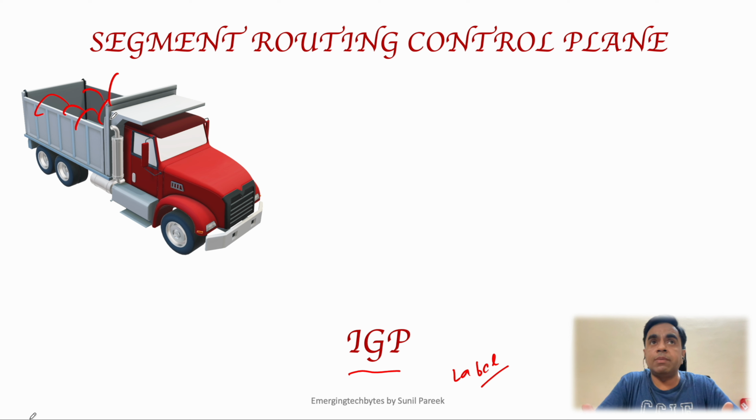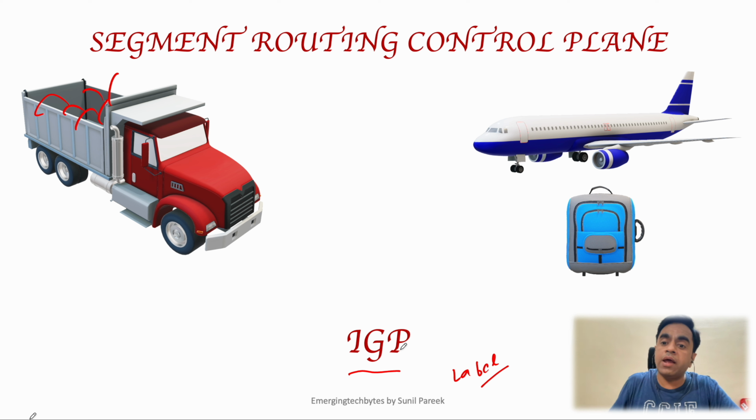Basically, when you are enabling segment routing in your network, think of IGP as luggage that you are carrying on a flight. Here, this luggage has a limitation. Normally, it is 15 kgs in most flights, or 20 kgs. That means you can only take whatever is essential.